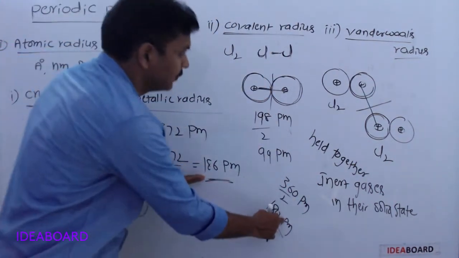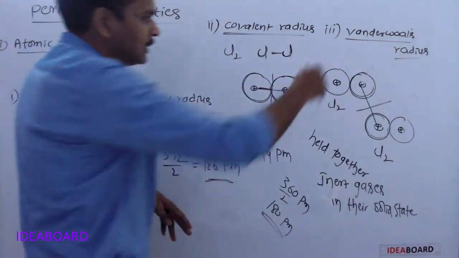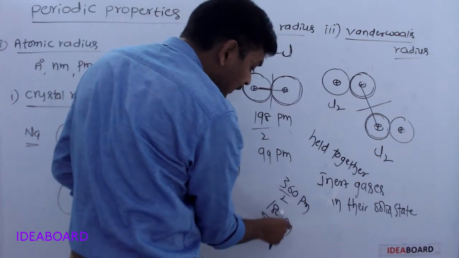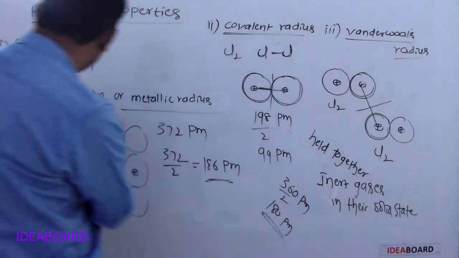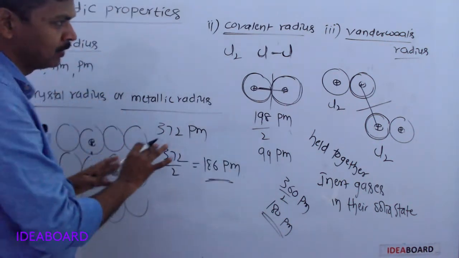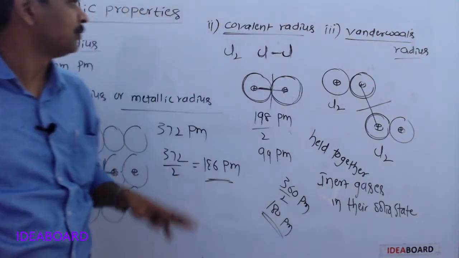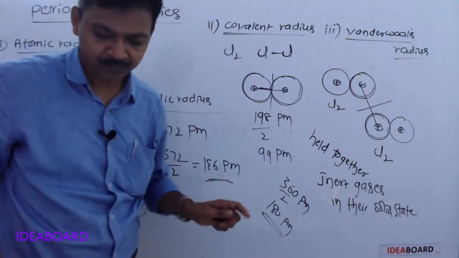Don't compare this value; I am telling you that van der Waals radius is more than these two. This van der Waals radius is for chlorine, but this crystal radius, 186, is for sodium. For a given element, van der Waals radius is always greater than these other atomic radii.